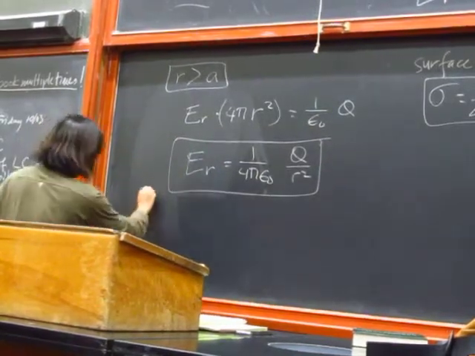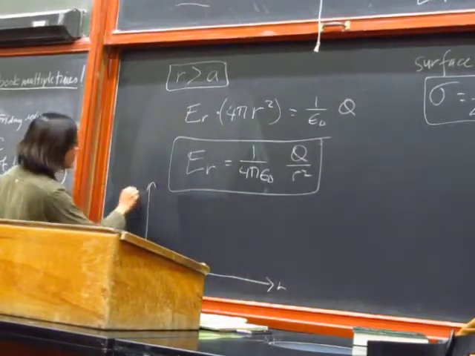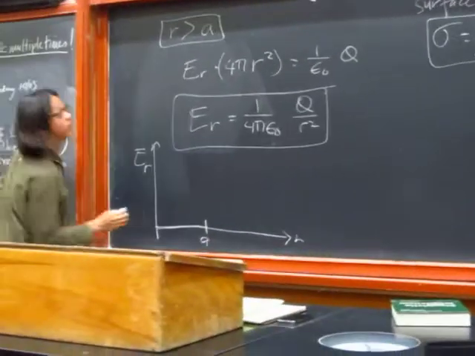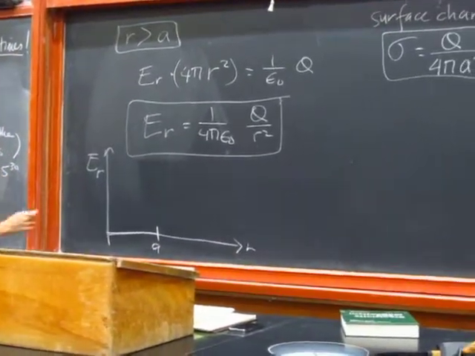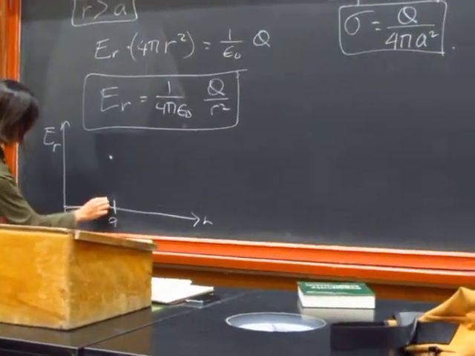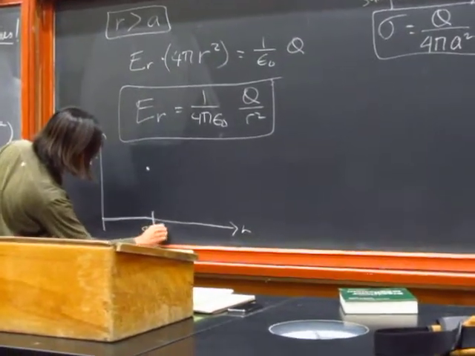So if I plot the electric field as a function of r, it's 0 all the way to a, and then suddenly there is a jump. This here is a minus, this is a plus.